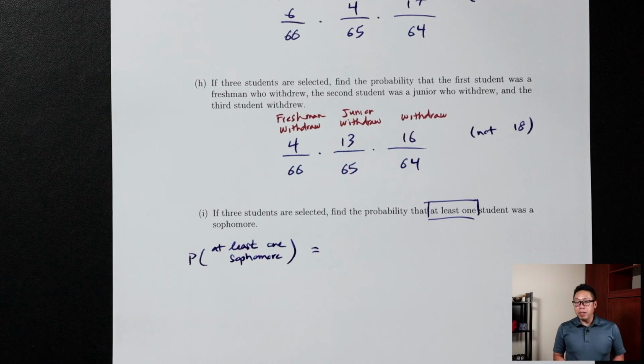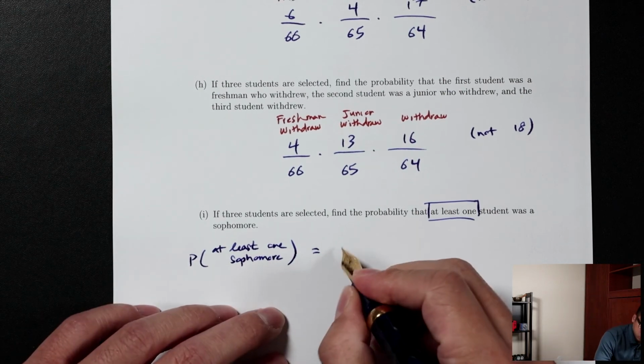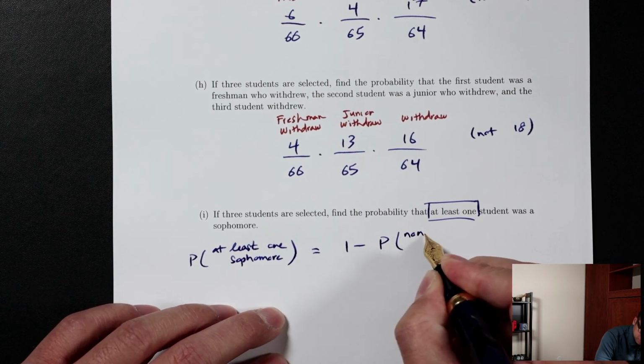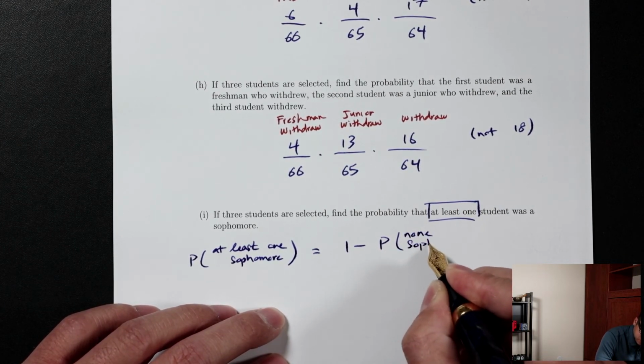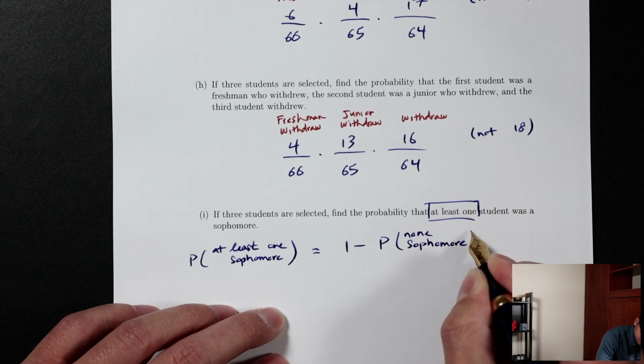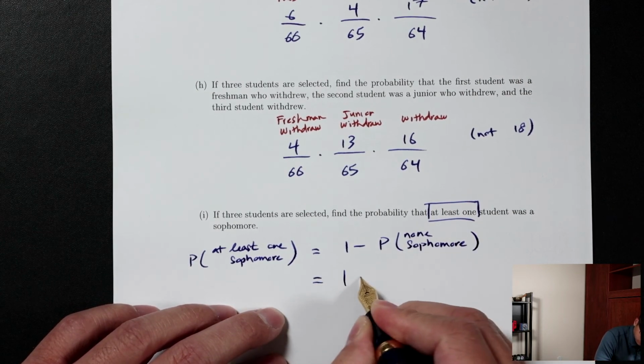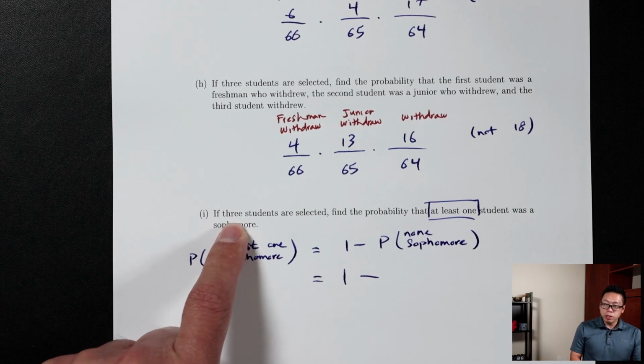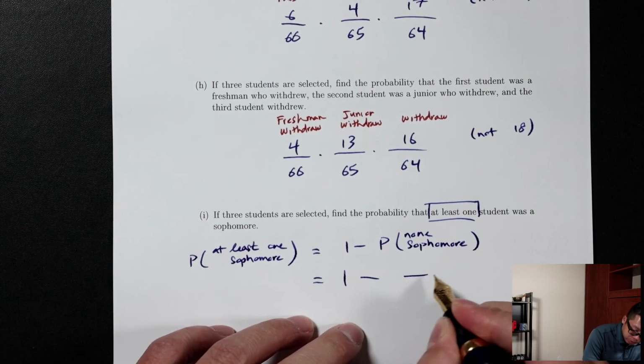The way we calculate at least 1 probabilities is 1 minus the complement, so 1 minus none sophomore. So 1 minus, how many fractions do I need? We're talking about 3 students here, so 3 fractions.